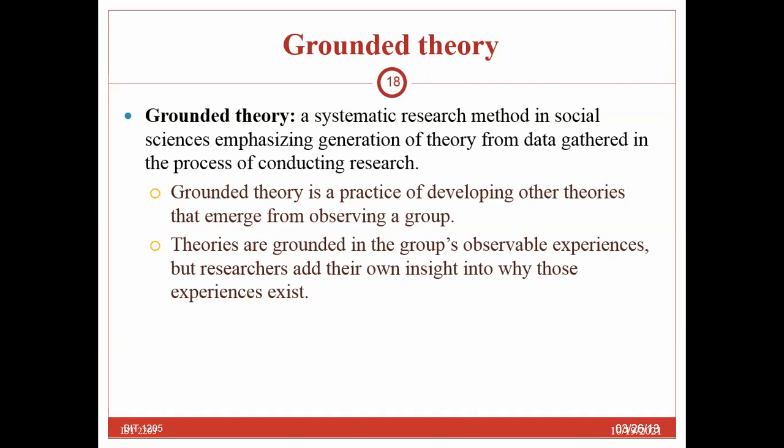So grounded theory is a practice of developing theories that emerge from observing a group. Theories are grounded in the group's observable experiences, but researchers add their own insight into why those experiences exist. So it's grounded in the experiences.